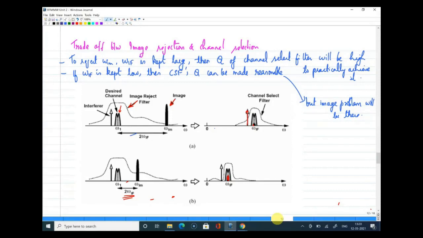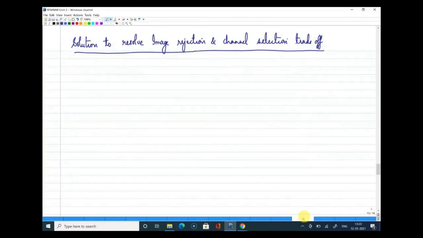If not, please do let me know if you're not able to understand or focus. Do you have any other solution in your mind, or some other thoughts? How can we solve the problem of image rejection and channel selection? We'll be discussing one standard solution. Apart from that, if something else is coming to your mind, let us discuss here. You can respond in the chat box.